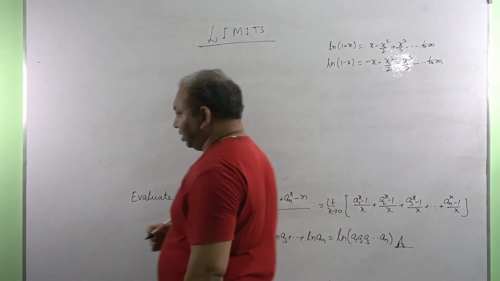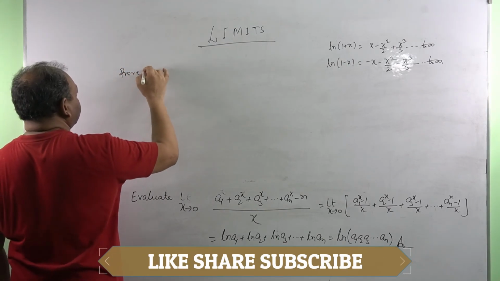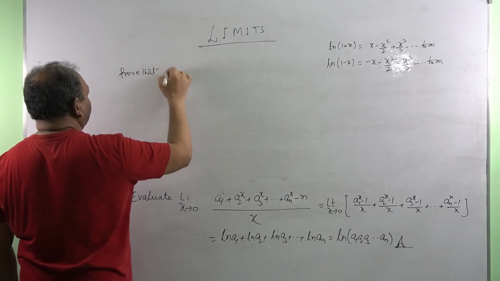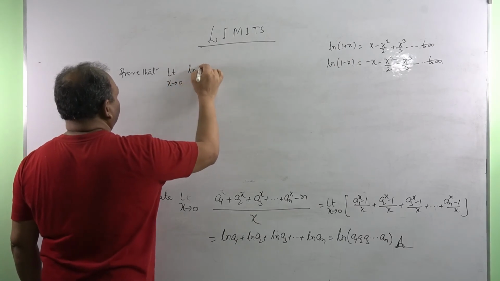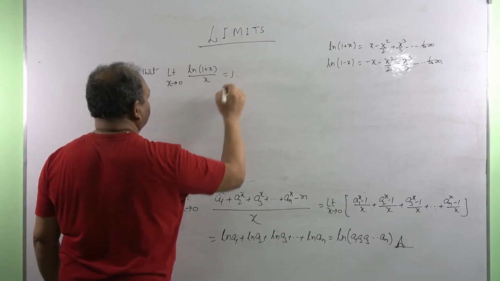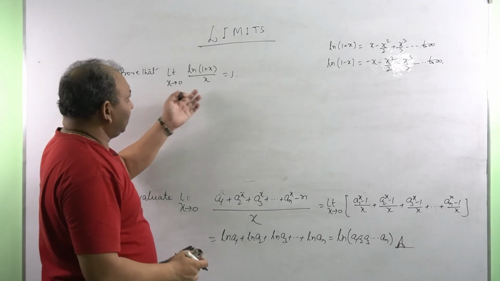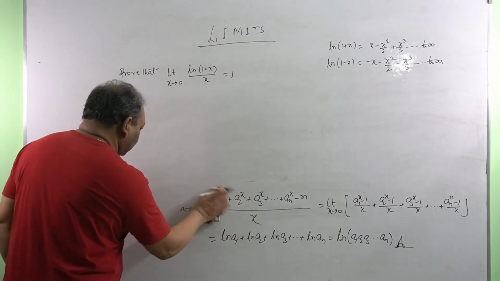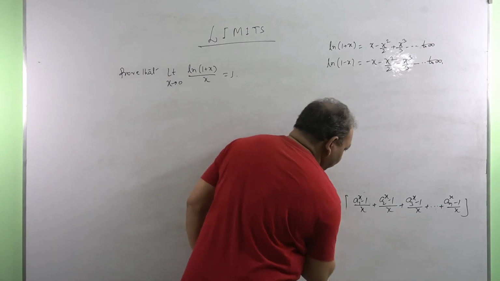Now we have to prove that limit x tends to 0 of ln(1 plus x) divided by x is equal to 1. But just simply expand the expansion of logarithmic function and use the formula.